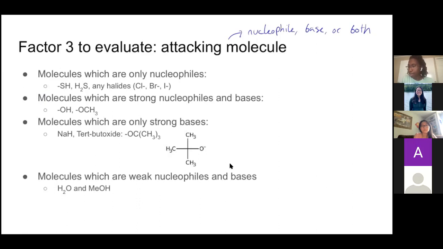Typically, molecules that only act as nucleophiles are going to be featured in SN1 and SN2 reactions, because substitution reactions need a molecule that acts as a nucleophile, while E1 and E2 reactions need a molecule that can act as a base.